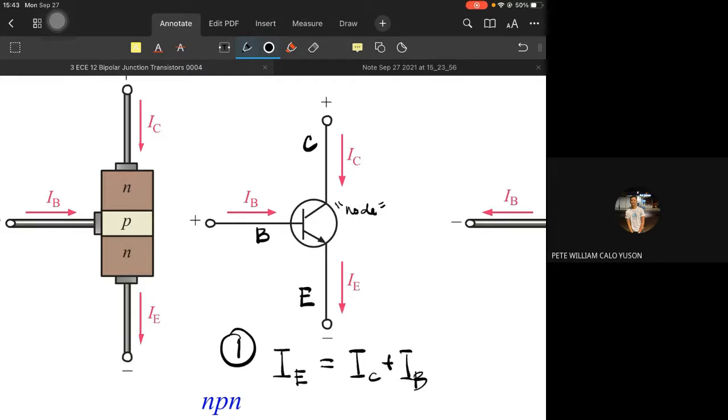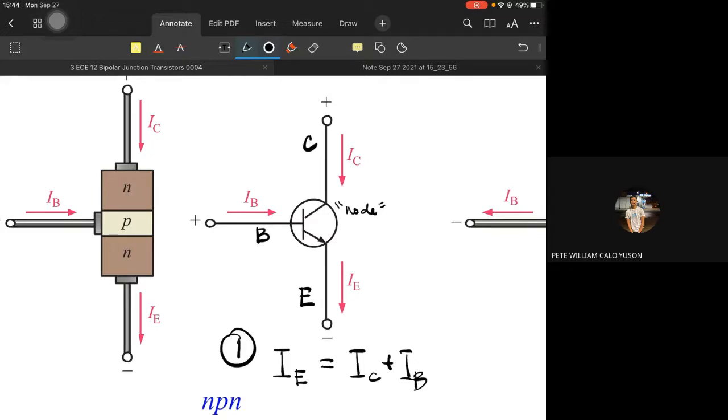Kaya daghan man tag klase nga BJT configurations or BJT nga circuits, no? So daghan klase na siguro, more than 10. Pero ang common denominator nila ang tanan is these four formulas.